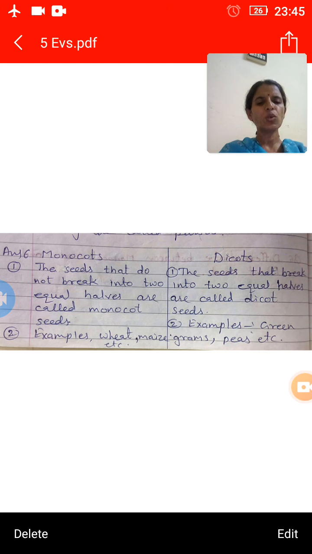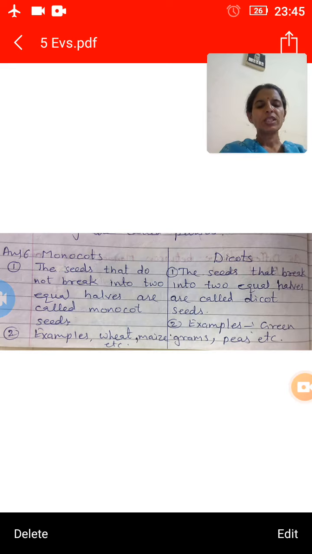It has 2 cotyledons. Examples of monocot seeds are wheat, maize, etc. And examples of dicot seeds are green gram, Bengal gram, mango, etc.